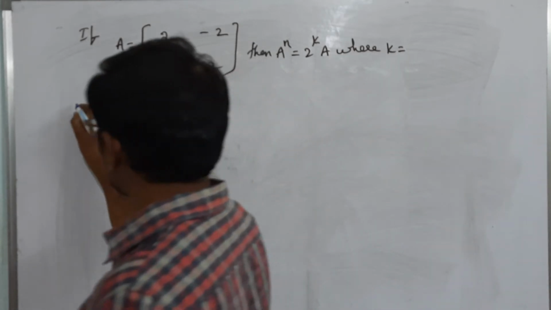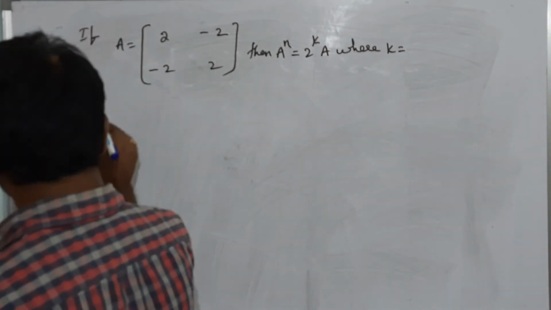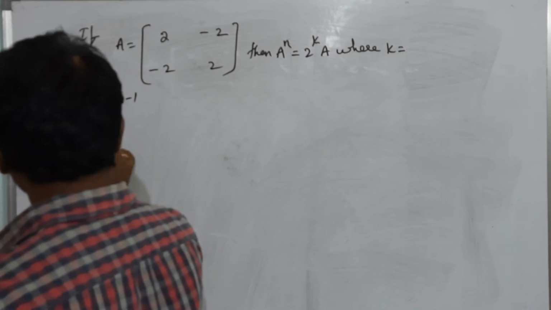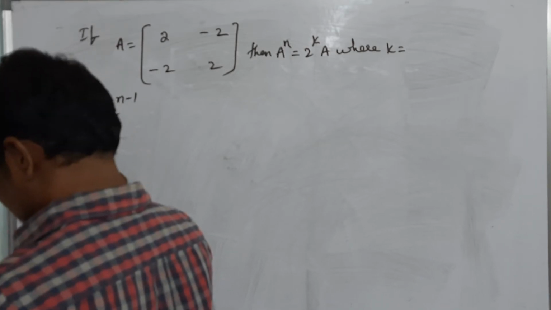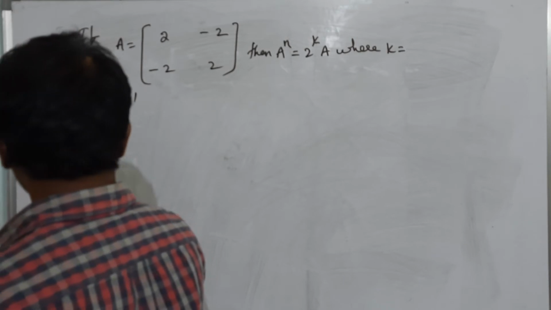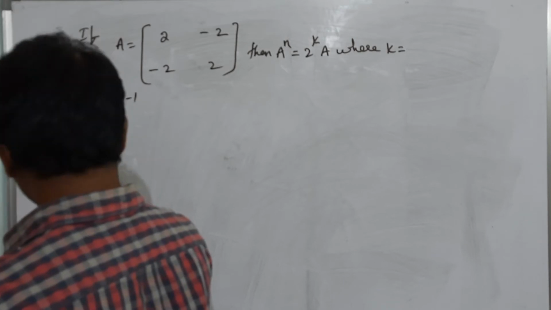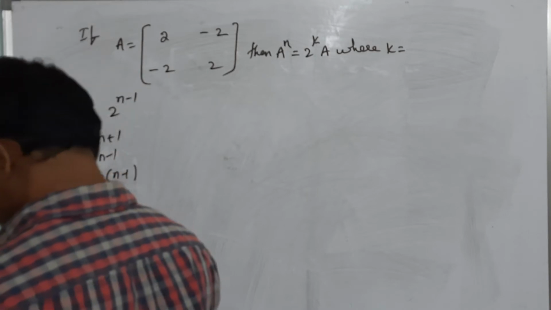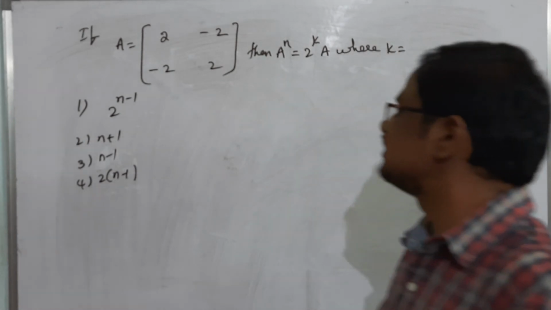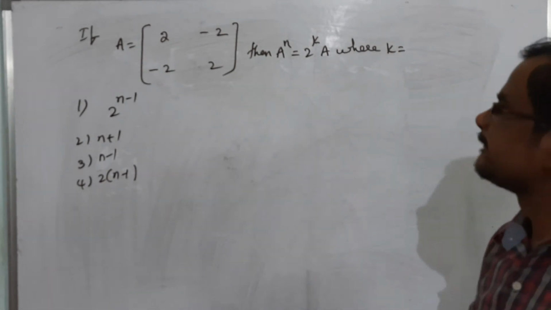For this problem the options are compulsory. The first option is 2 power n minus 1, second option n plus 1, third option n minus 1, and fourth option is 2 into n minus 1. So we have to do this problem carefully.